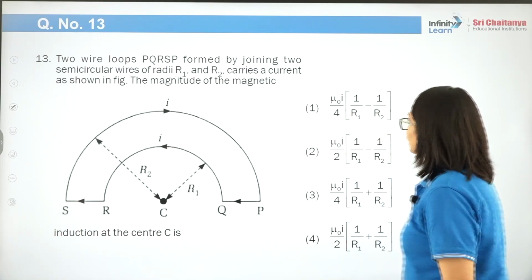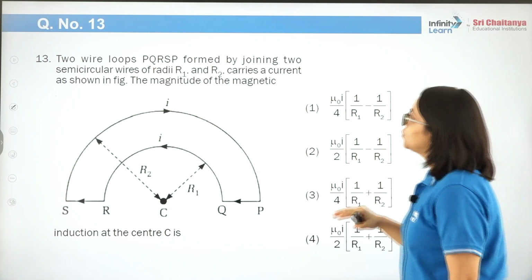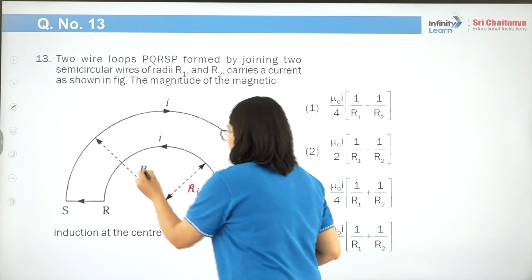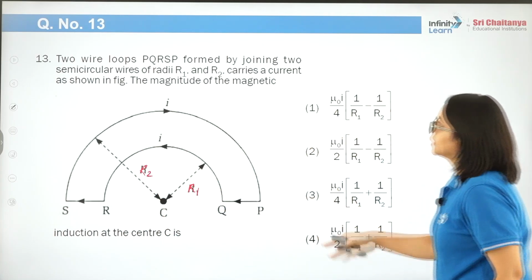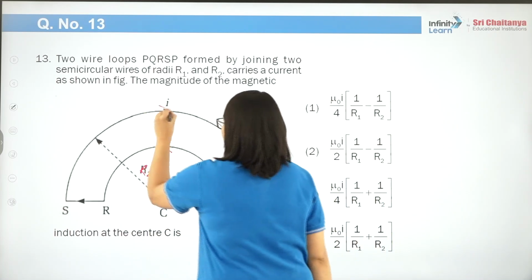We have wire loops P, Q, R, S, P, formed by joining two semicircular wires of radii R1 and R2 like this. R1 is smaller and R2 is bigger one, carries a current I as shown in the figure.